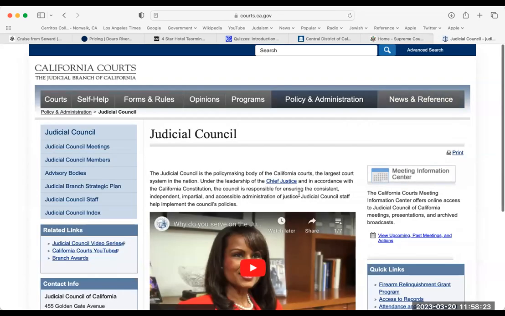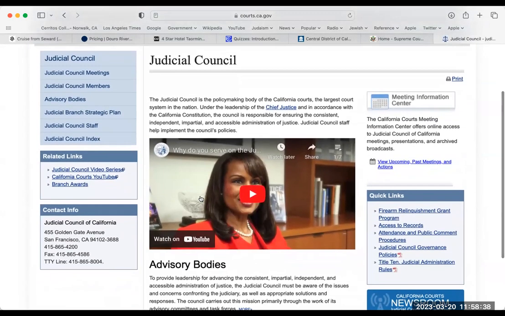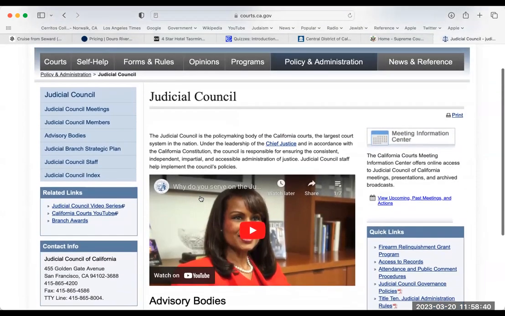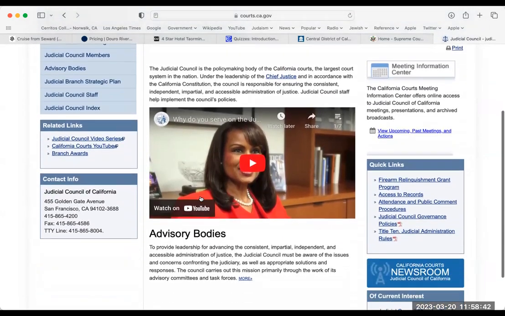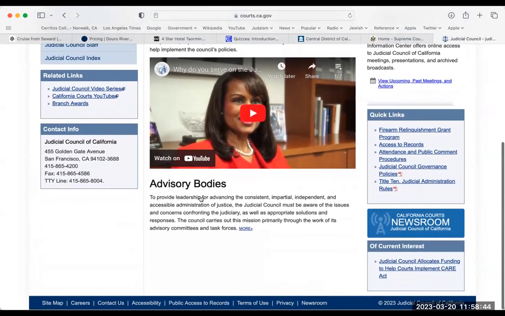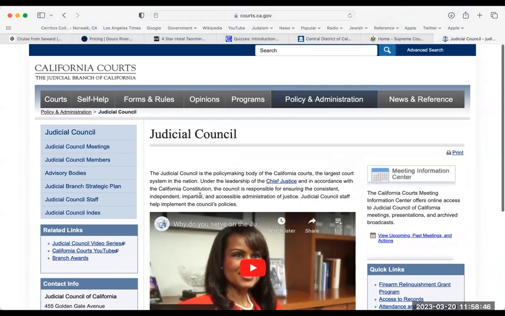The last one is the website of the Judicial Council of California. This is the homepage of the judicial branch of the state of California, and you can find links here to all of the various California court systems, in addition to links to different types of forms, and also sources of law.